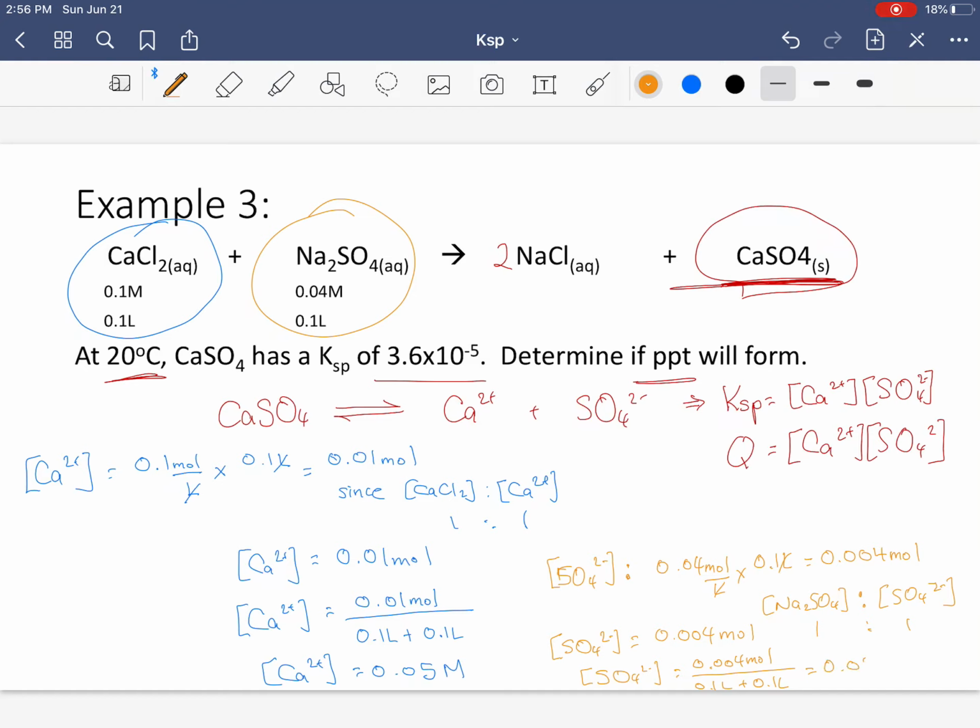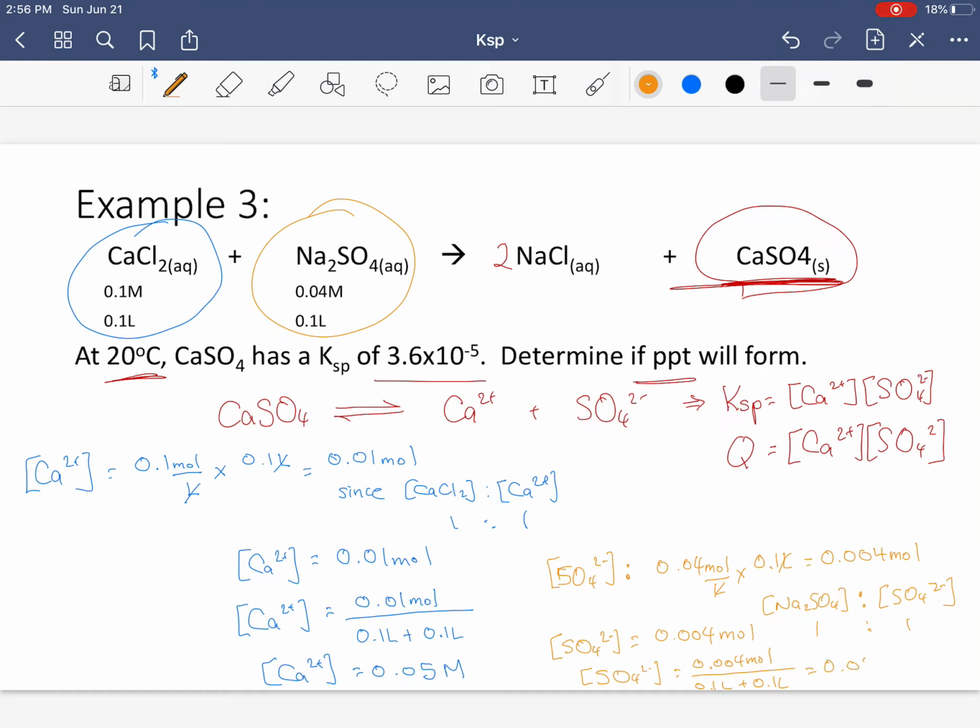So I have my SO4, I have my Ca2+. So all I have to do right now is plug that in here, plug that in here. Okay, because I got the concentration of both ions after they mixed.